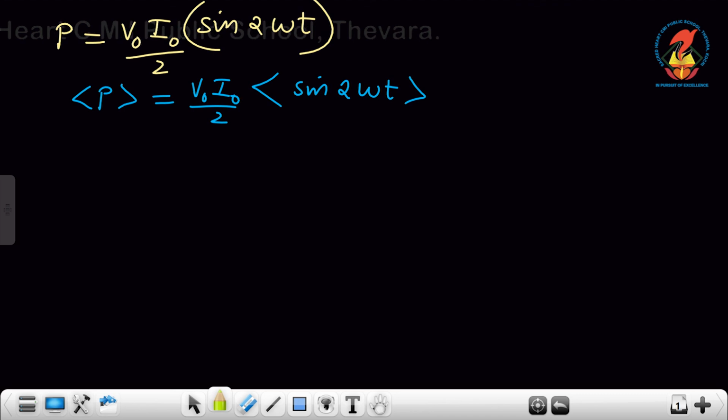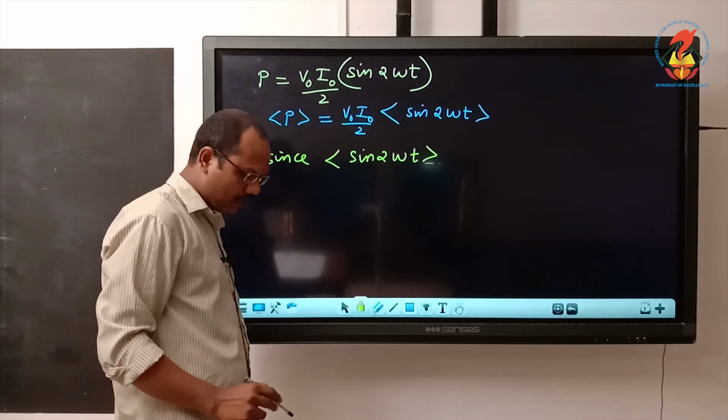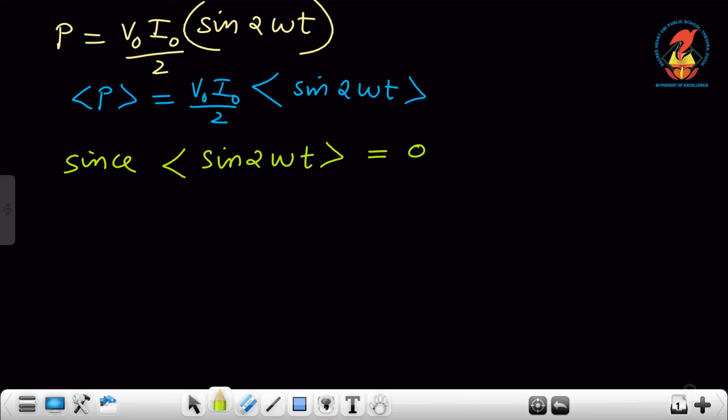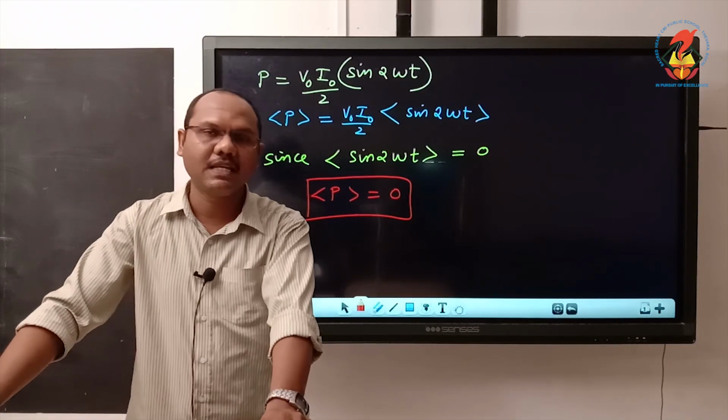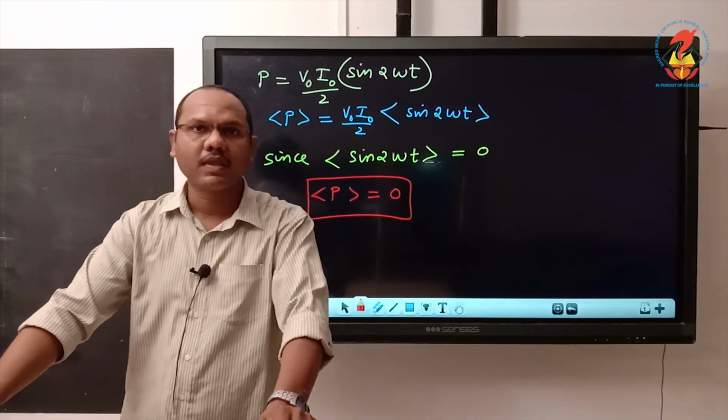Now, as I told you, since sine 2 omega t is time dependent, its average in one cycle is 0. So this value is 0. Therefore, average power is 0. So this is the average power consumed by the capacitive circuit. Okay. Thank you.